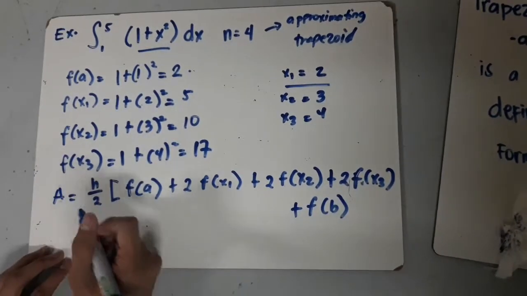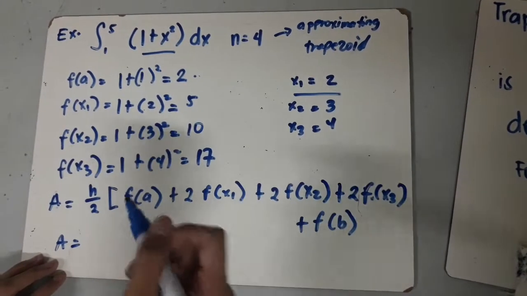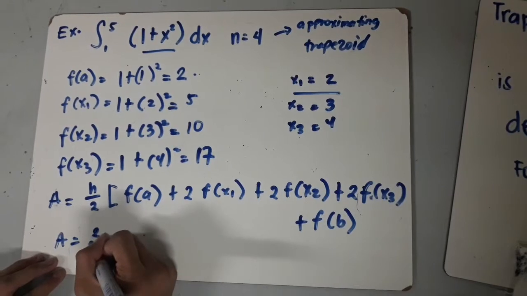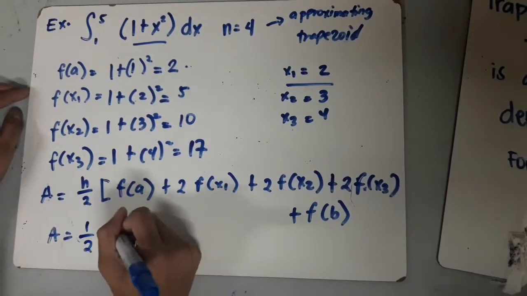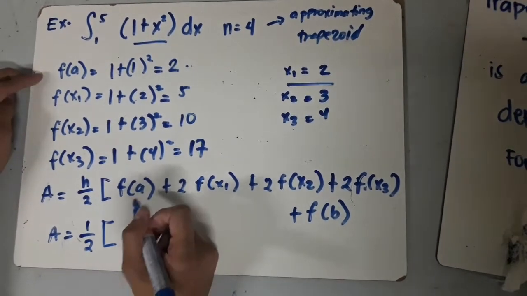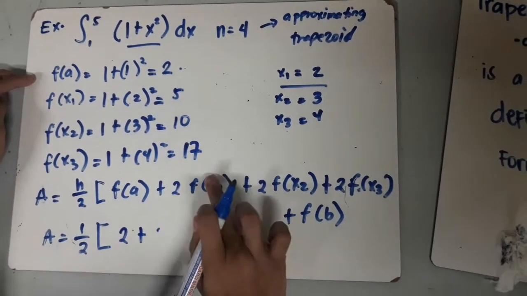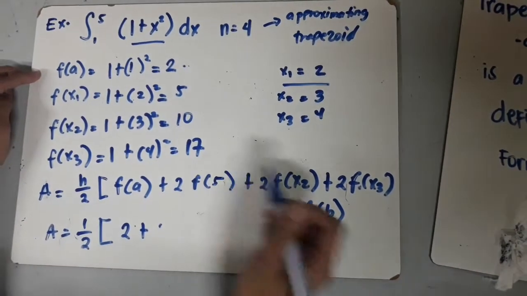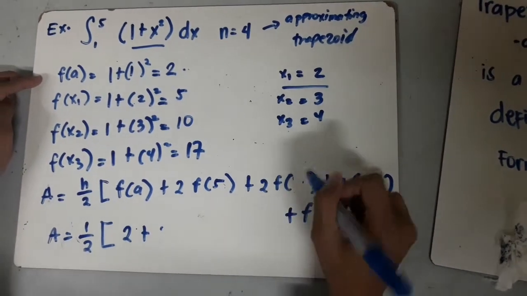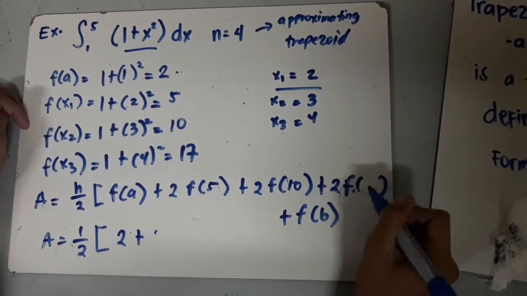So this is the area. A equals, since the value of h is 1, 1 over 2 times 2 plus 2 times f of x sub 1, which is 5, then f of x sub 2, which is 10, then f of x sub 3, which is 17.